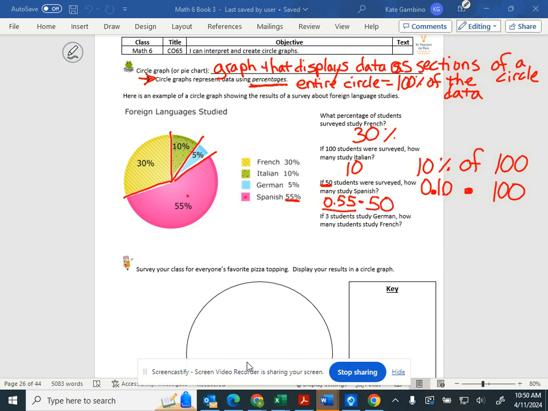So they changed what our total was. So we have to be careful that we're reading the whole question. What is 55% of 50, Connor? Can we do a 0.5? No. So 27, because we can't do a half a person. So we would say 27.